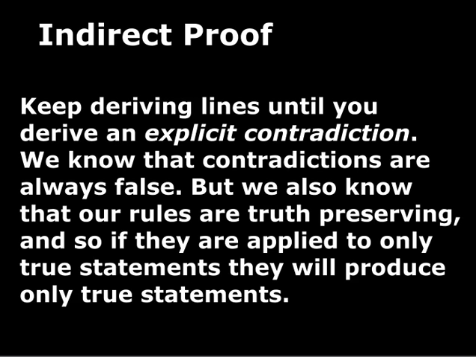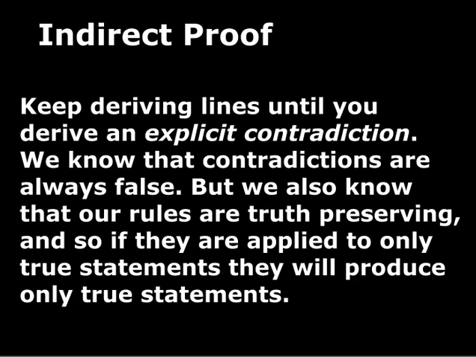The difference between indirect proof and conditional proof is that in conditional proof, you keep using the rules and you're trying to derive the consequent of the conditional you want. With indirect proof, what you try to derive is an explicit contradiction. What is an explicit contradiction? I'll show you some examples, but basically it's any statement conjoined to the negation of that same statement.